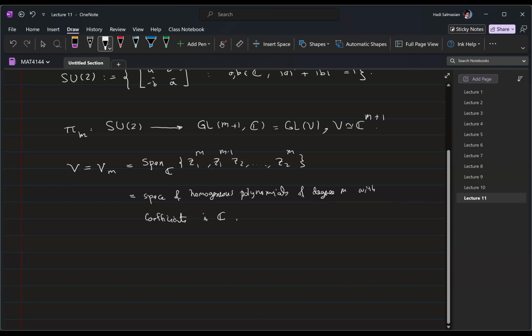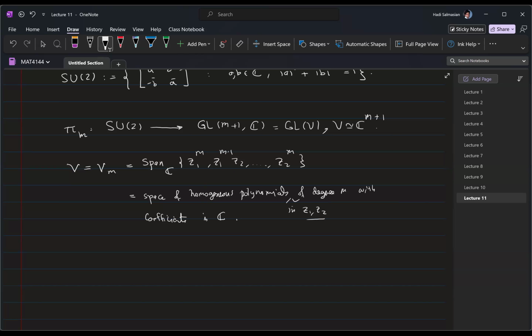Sorry, polynomials in 2 variables, Z1 and Z2, with complex coefficients and degree m. So every monomial here has total degree m, as you see here. The sum of the degrees of Z1 and Z2 is m.